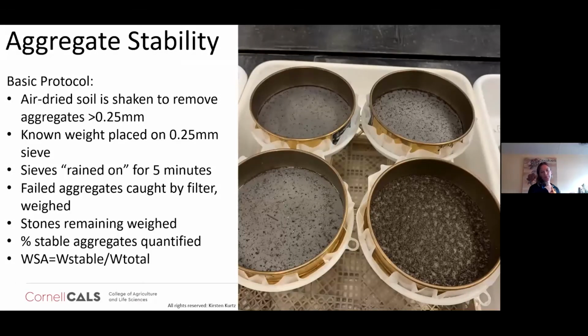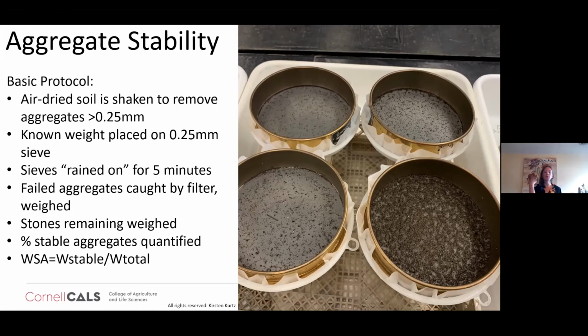And this is what those samples would look like in our lab. If you think about that middle sample that was all smeary, that would be one of these 3 sieves that don't have very much soil on it. And then that other sieve actually came from one of those remnant prairies. The way that we do this is that we remove any unstable or failed aggregates using a shaker. And then we put a known weight of soil onto a soil sieve with a filter underneath.